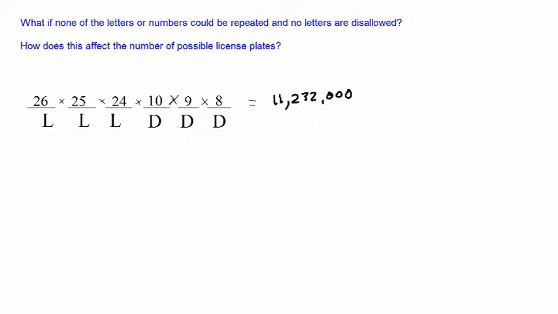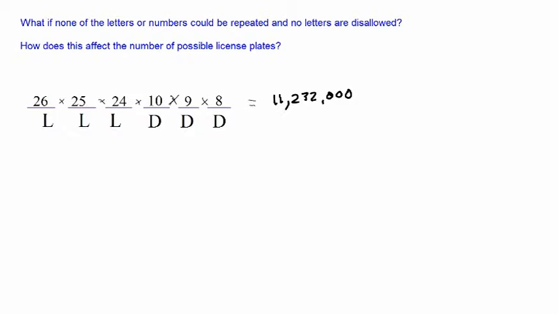When we select the numbers, there are 10 digits and 10 choices for the first digit. But since we're not going to allow repeating a choice of a digit, when we choose the second digit, we have 9 choices, and choosing the third digit, we have 8 choices. We multiply these numbers according to the multiplication principle, and we obtain 11,232,000 different license plates.